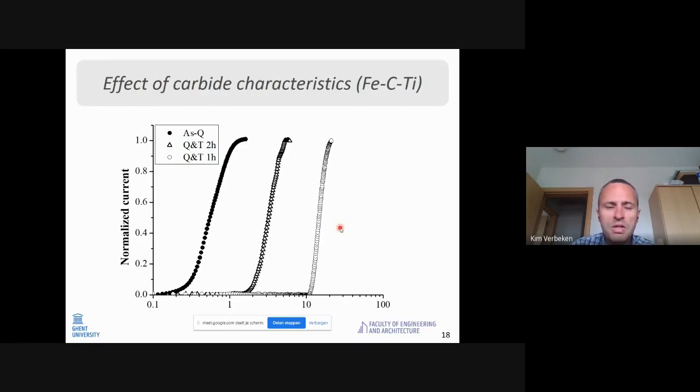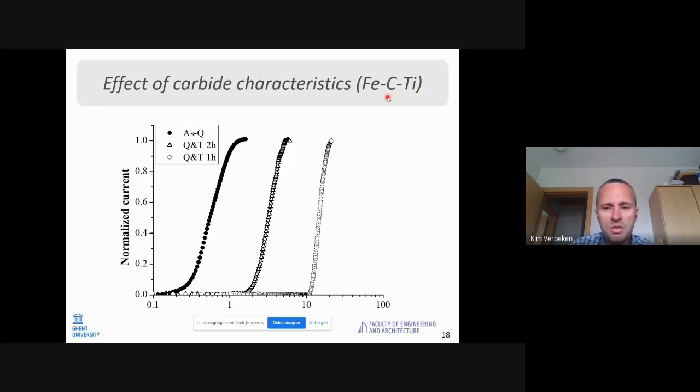So we did a lot of tests on carbide-containing materials. And these are ternary alloys. These are simplified chemical compositions where we have 3 elements present, being, of course, the iron matrix in our steel, but then we add titanium and carbon in stoichiometric quantities in order to ensure that when we do the correct heat treatment, we form titanium carbides in our structure.